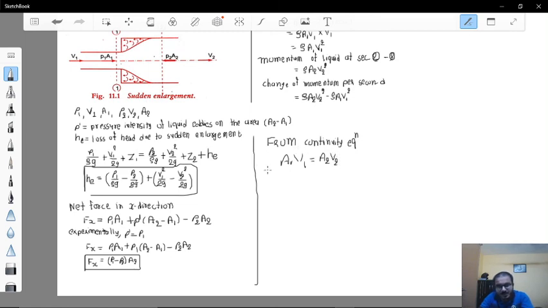So we can say the value of A1 is equal to A2 V2 upon V1.